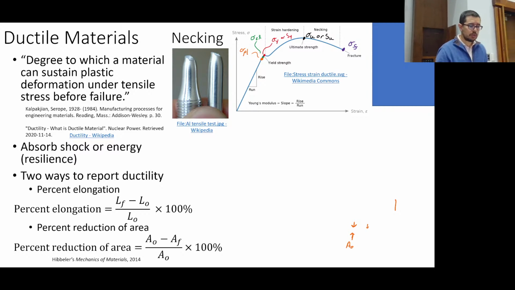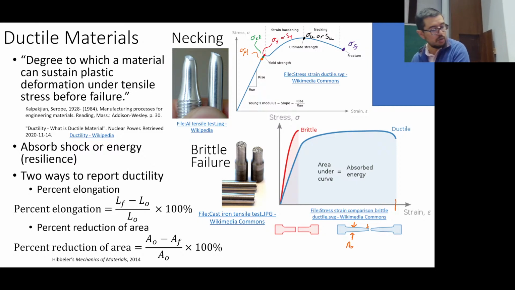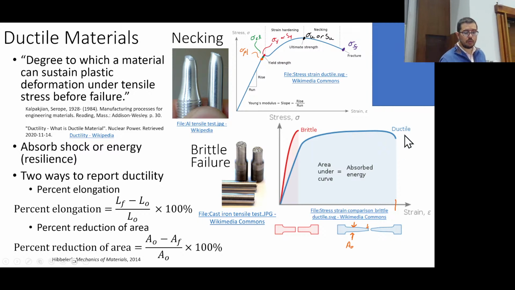So here's a stress strain curve with all of its features, and again, here's that stress strain curve that we showed, where you have a ductile material that goes on for a little while, and you have a brittle material that is pretty abrupt.